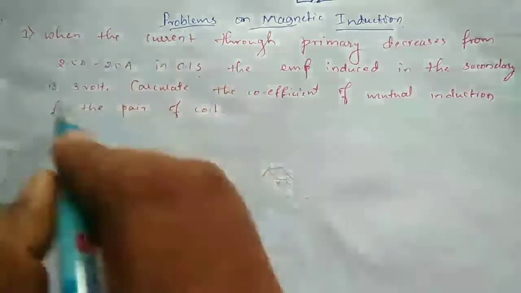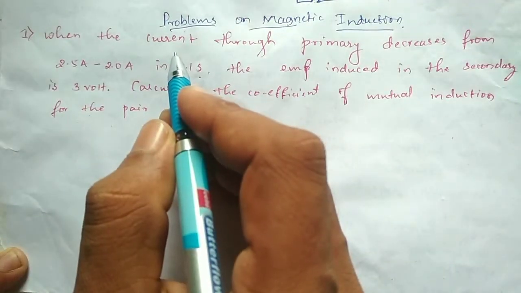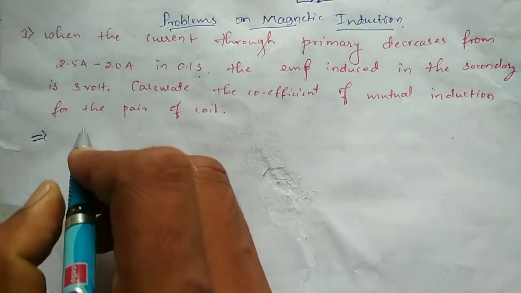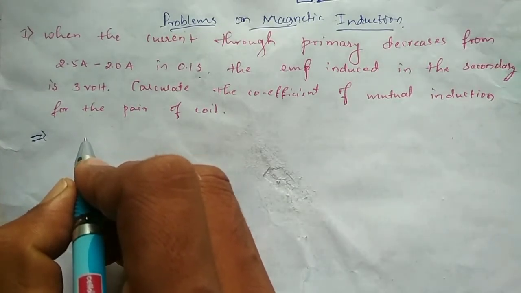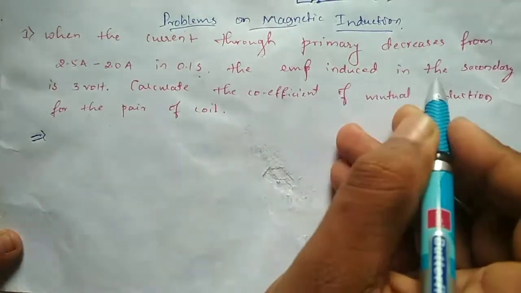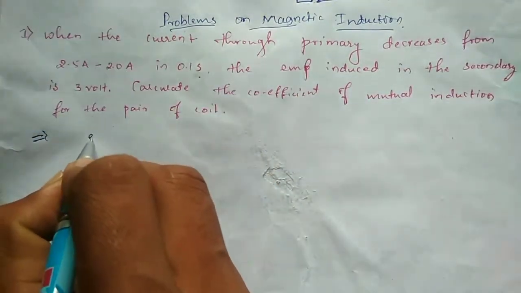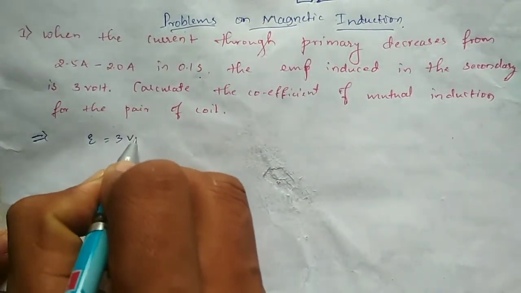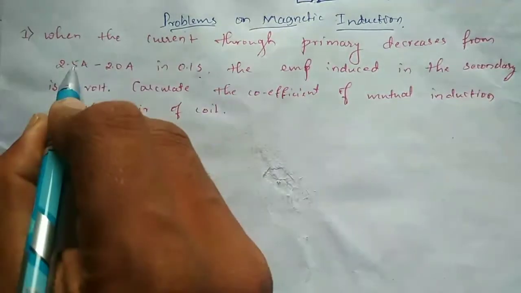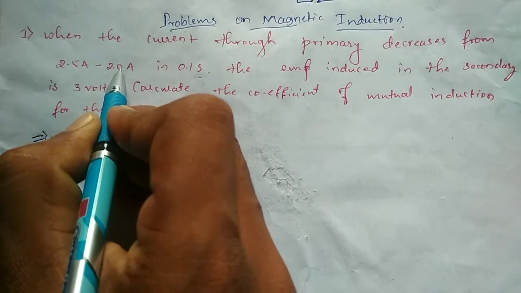First you have to read this problem very carefully and write the given data. What are they given here? The EMF induced in the secondary coil, that is epsilon, is 3 volt, and the primary coil current decreases from 2.5 ampere to 2 ampere.